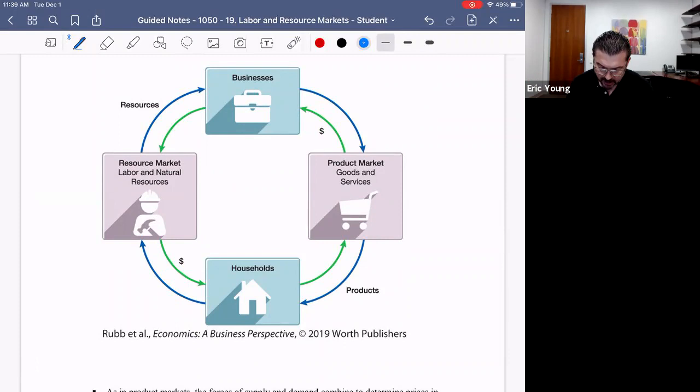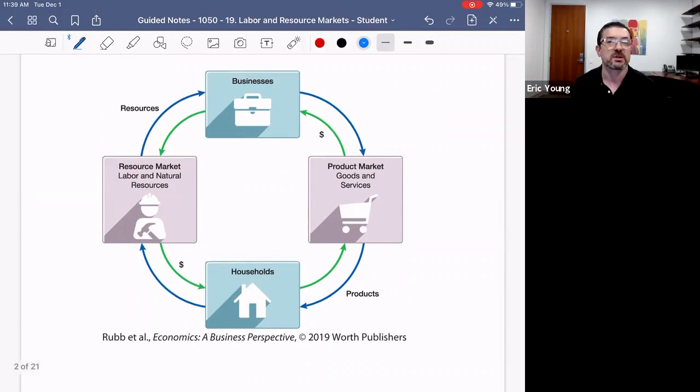You might recall this diagram from early in the class. This was the circular flow. Up until now, we have been covering products and product markets. And you'll recall that in product markets, businesses up here are sending to you and me, to households, products, and in exchange, we give them money.